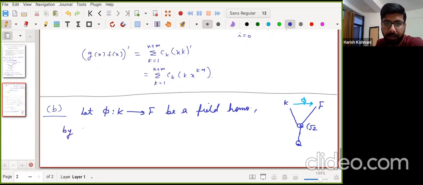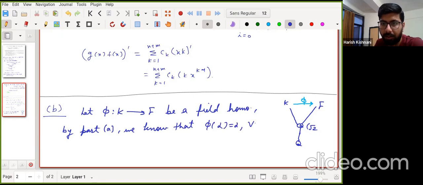By part A, we know that phi(alpha) is equal to alpha for all alpha belonging to Q, right?